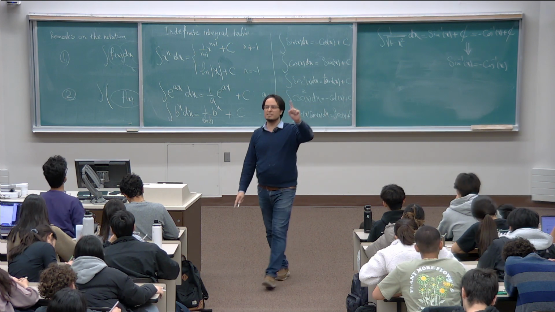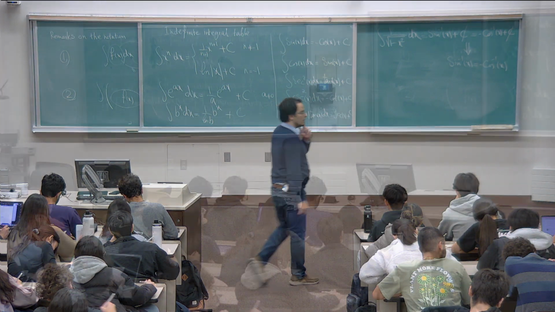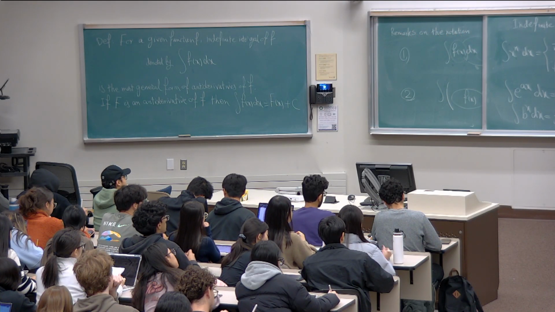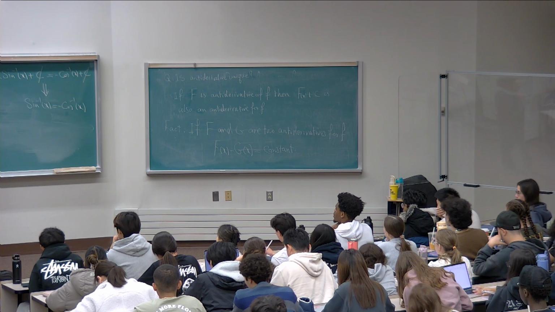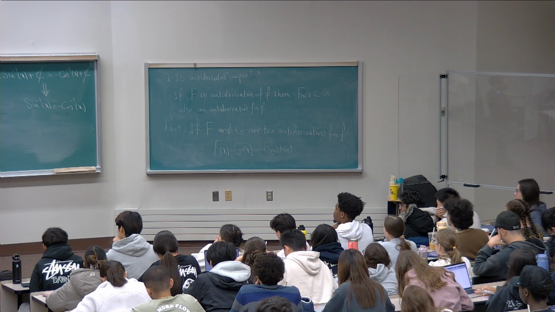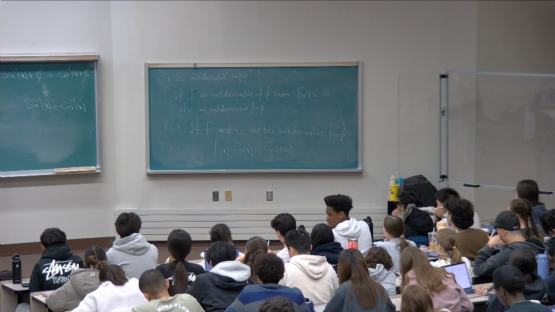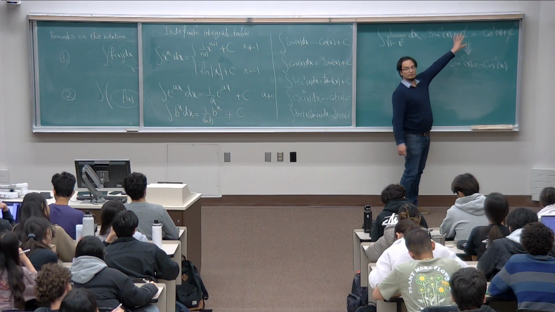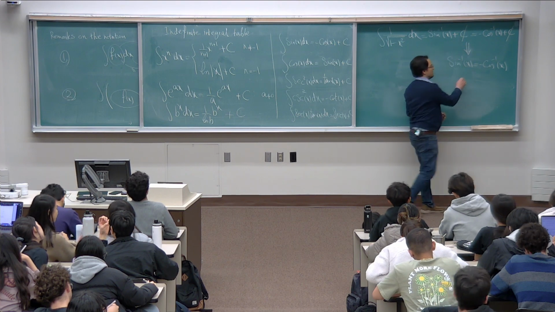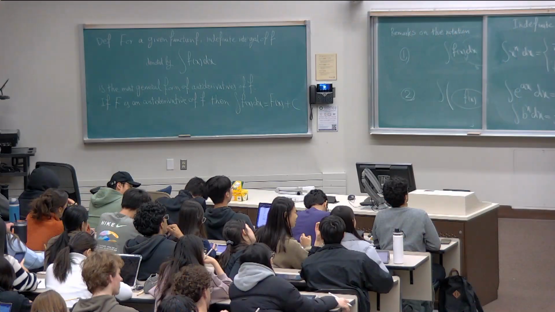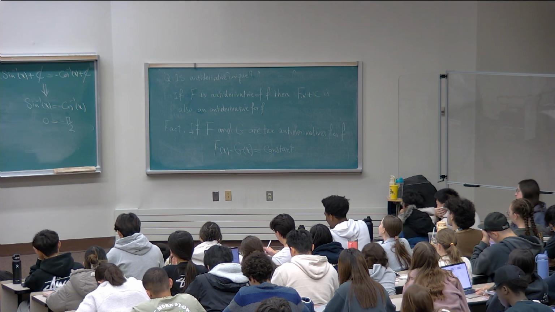If I plug in 0, what is sine inverse of 0? 0. What's cosine inverse of 0? Pi over 2. So if you agreed that what I wrote there is correct, then you agreed that 0 is equal to, good job.